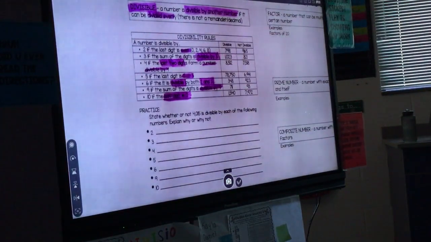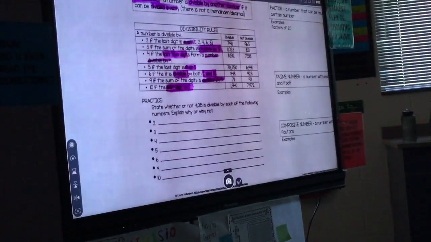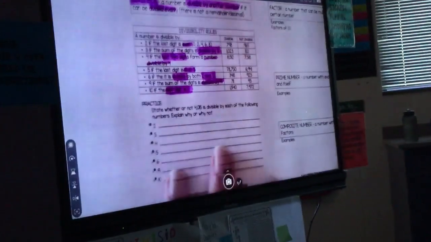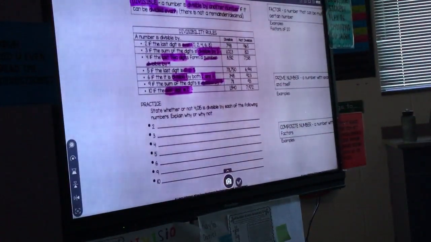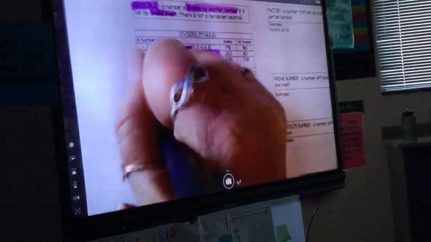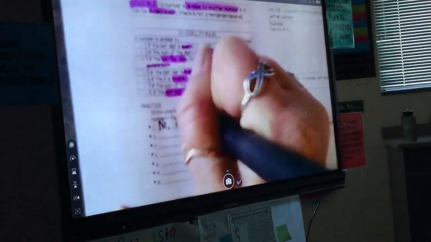For the number 4015, we have to write if it's divisible by these numbers, yes or no, and why. For example, is 4015 divisible by 2? No. Why? Because it's not even, it ends in a 5.